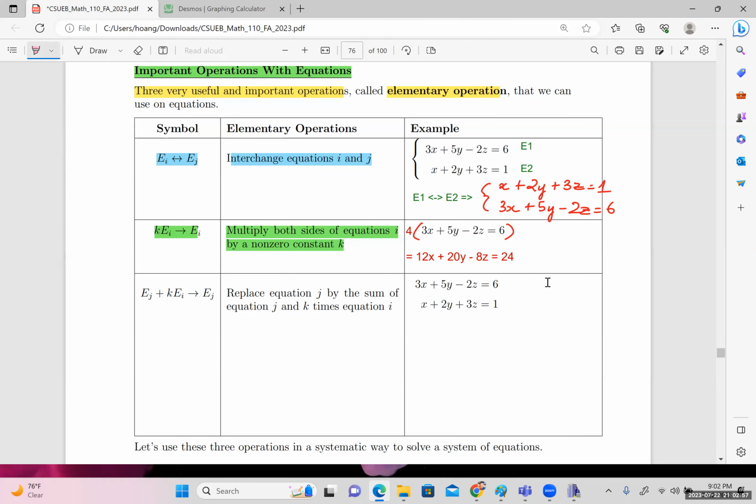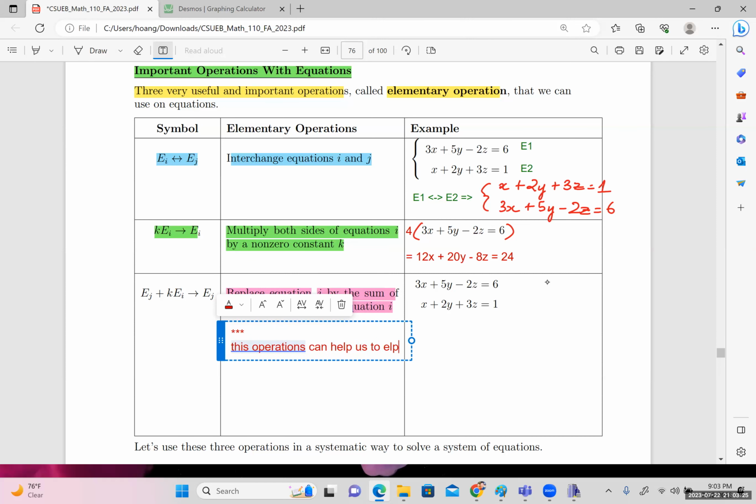Lastly, we can replace equation J by the sum of equation J and k times equation I. For this operation, I will put 3 stars here because I say these operations can help us to eliminate variables.